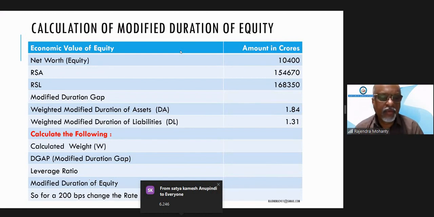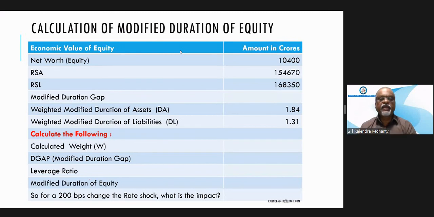So for a 200 BPS change, what is the economic equity value or what is the rate shock? Simply it is asking a 200 BPS change. It is not telling you whether this 200 BPS is increasing or decreasing.